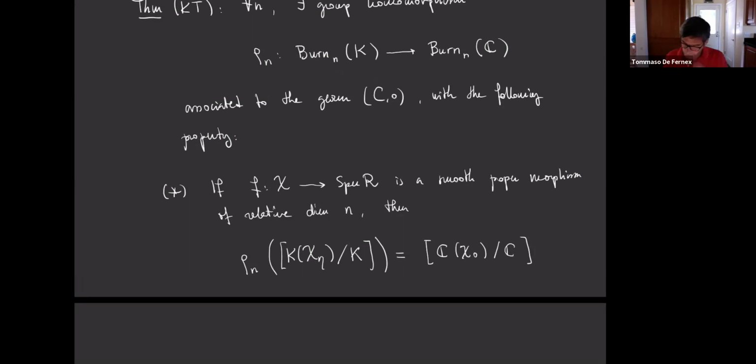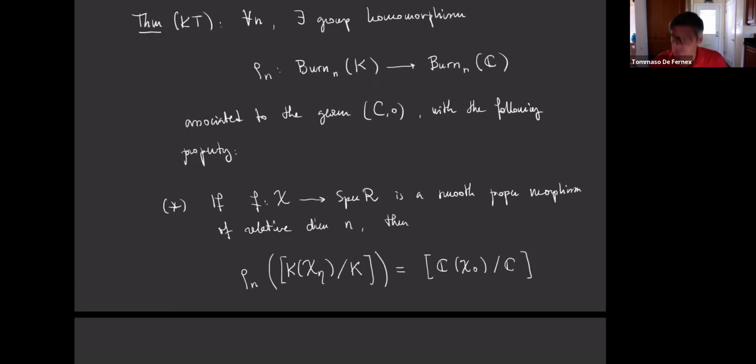Okay. Is this statement clear? I'm thinking about it geometrically: I have a curve, and every time I place a smooth variety over this curve at a generic point, and let it degenerate to a smooth variety over the special point, I want this map to send the function field of the generic fiber to the function field of the special fiber.